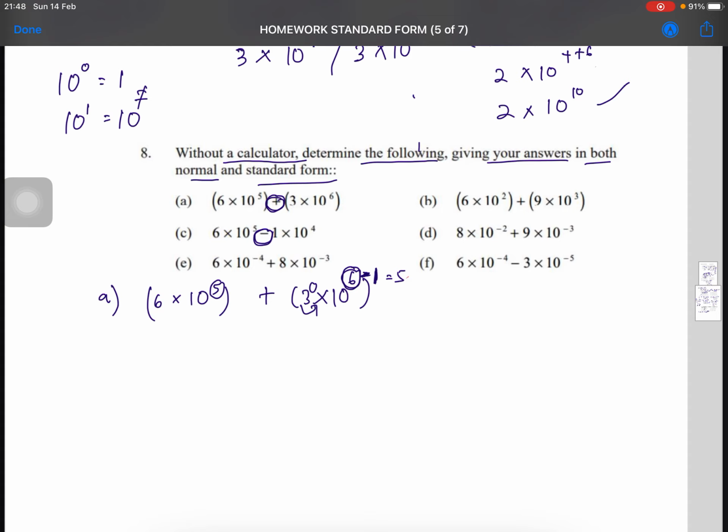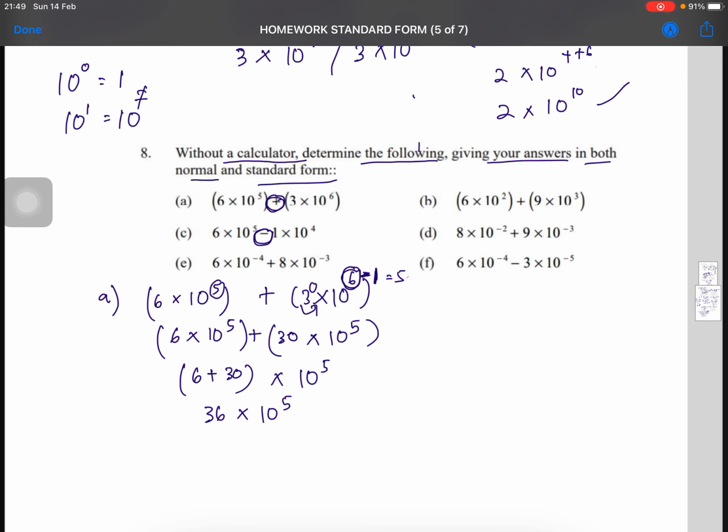Here we have 6 times 10 to the power of 5 plus 30 times 10 to the power of 5. Then we proceed, 6 plus 30 in bracket, times 10 to the power of 5. The answer is 36 times 10 to the power of 5.